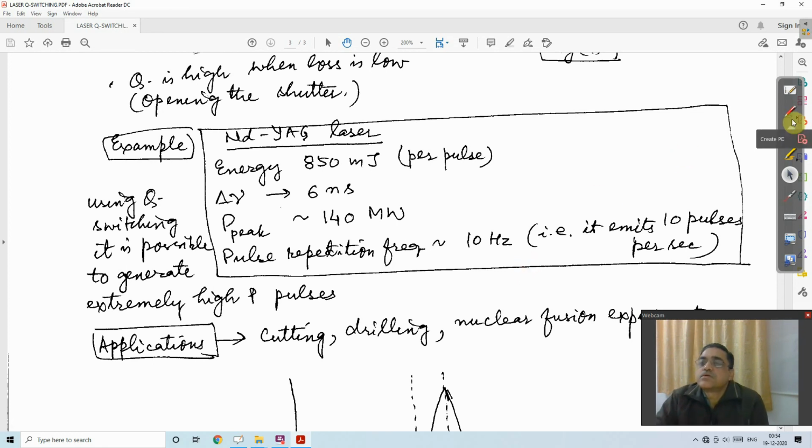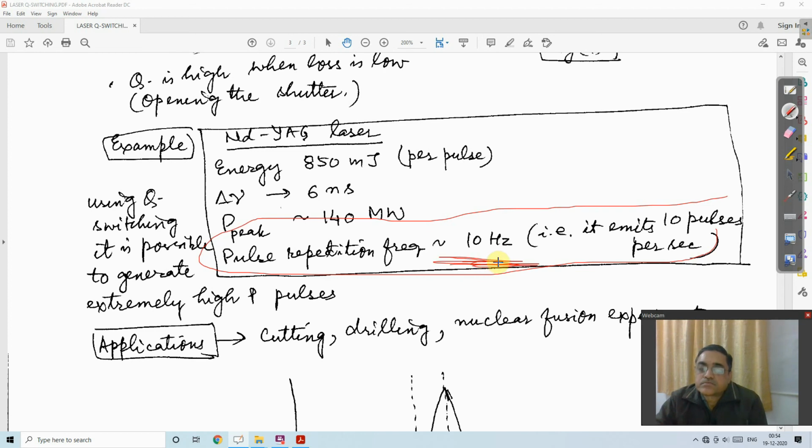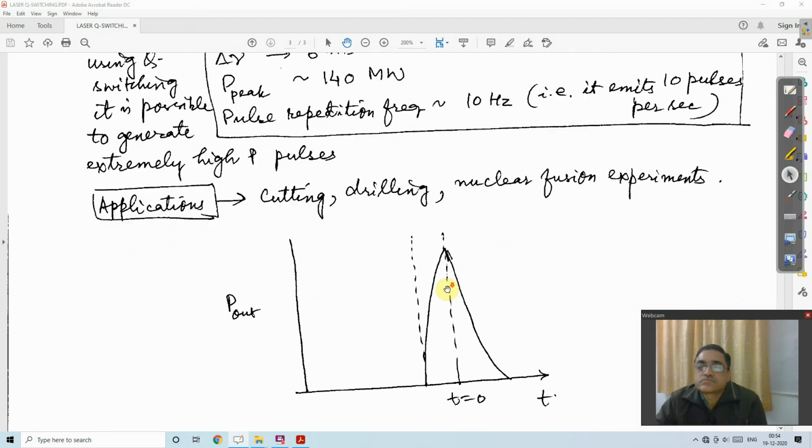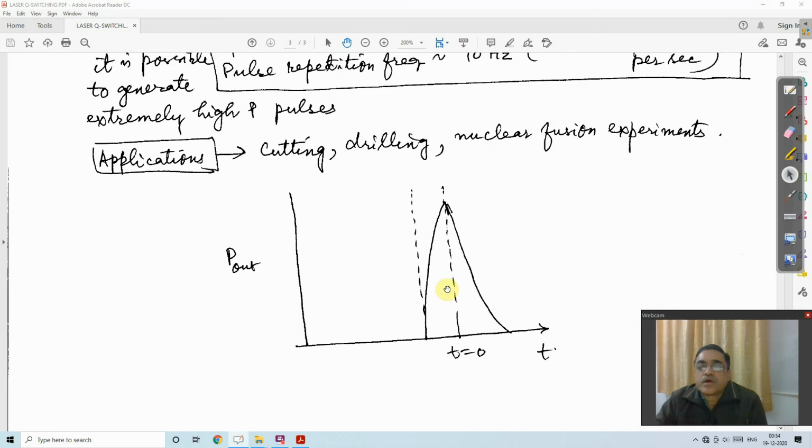In many applications, such as cutting, drilling and nuclear fusion experiments, we require a pulsed laser. We can have a graph of output power with respect to time: an intense spike pulse is generated, and time t equals 0 is the reference time.